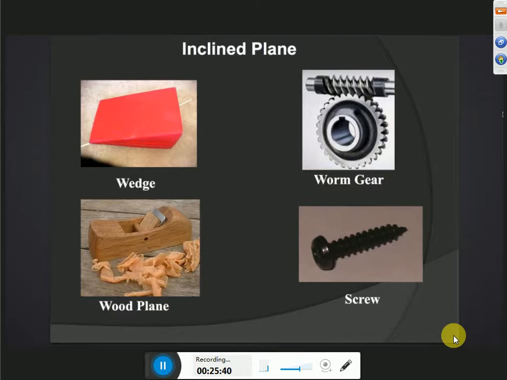Like door stoppers, we put a wedge for stopping the door. If you show them really, and then compare that analogy between a wedge and the friction with the worm gear, then discuss how to reduce the friction.